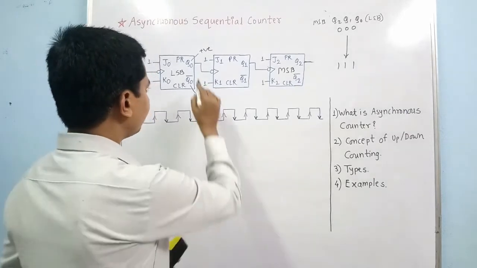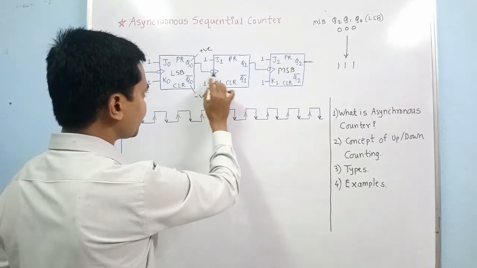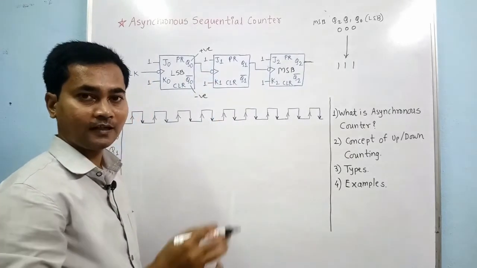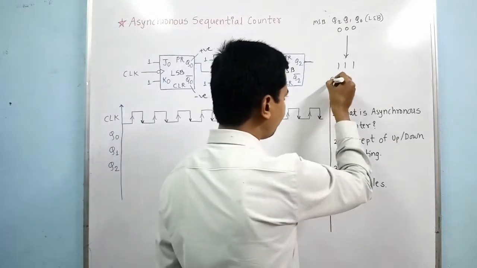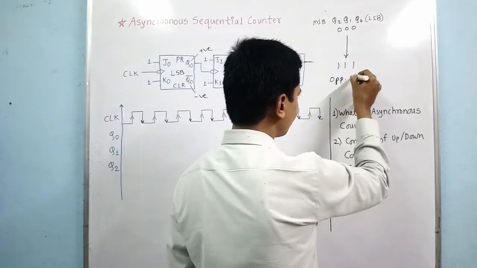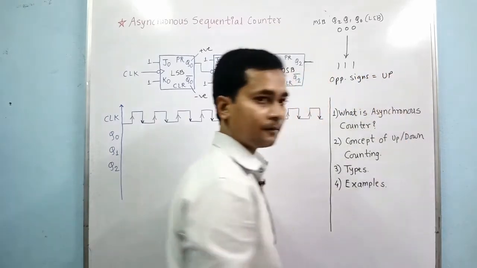So when the positive output is connected to a negative edge triggered clock, then definitely it is an up counter. I want to say that if opposite signs are combined, then it is called an up counter.